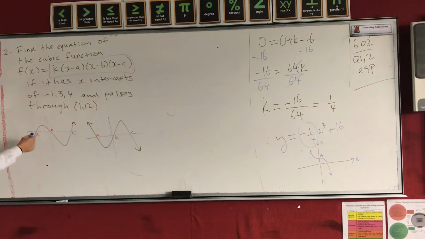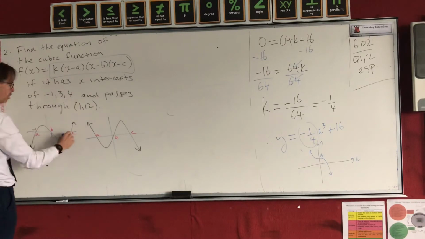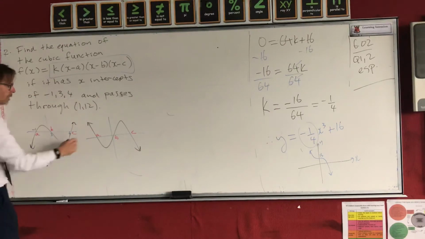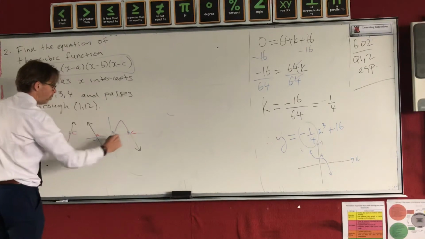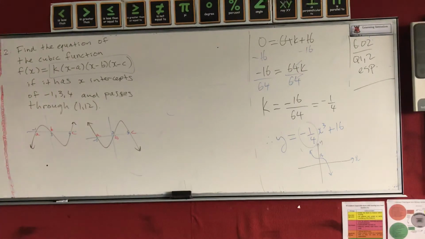We're going to say x-intercept at -1, we'll call that A. X-intercept at 3, call that B. This is obviously not to scale. And x-intercept at 4. Okay? So -1, 3, and 4. Okay, so those are two possibilities.